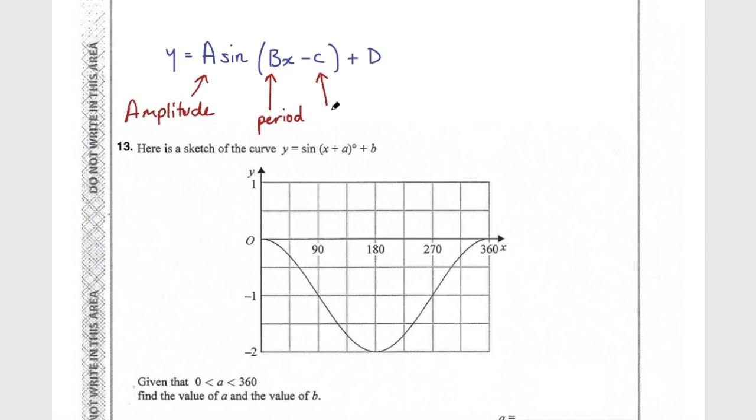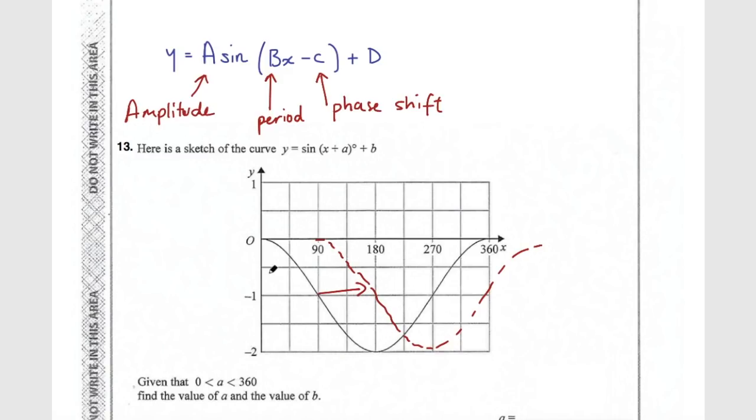C is the phase shift, which is a fancy way of saying the horizontal movement to the right. So if I drew a new curve on this graph, so let's say I shifted the graph horizontally this way, we would call that a phase shift to the right.